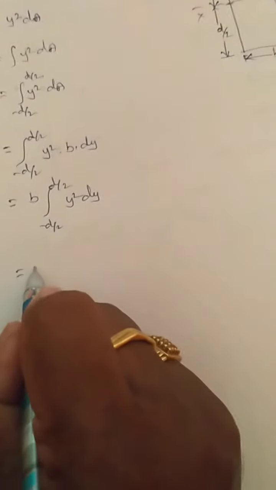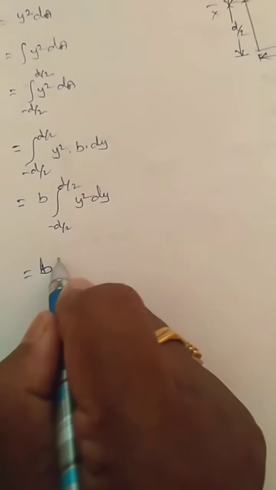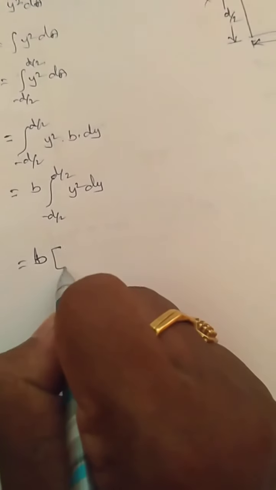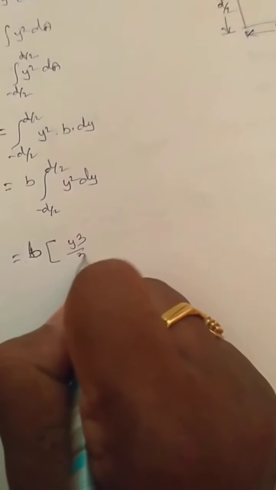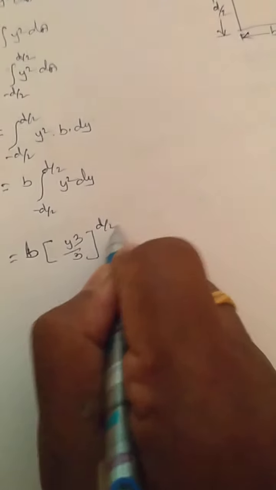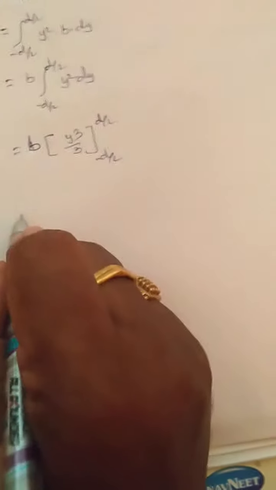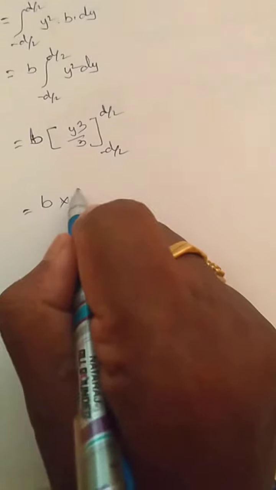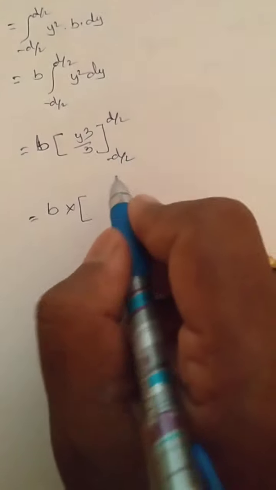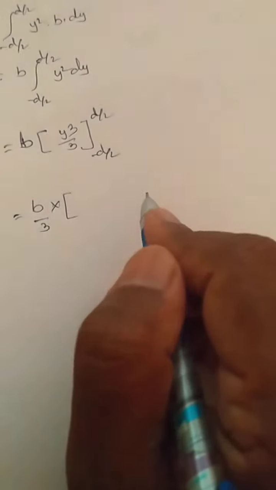Now apply the integration: the integration of y square dy is y cube by 3, between the limits d by 2 and minus d by 2. Now b into, first substitute the upper limit, so bring this 3 outside, it will be easier.